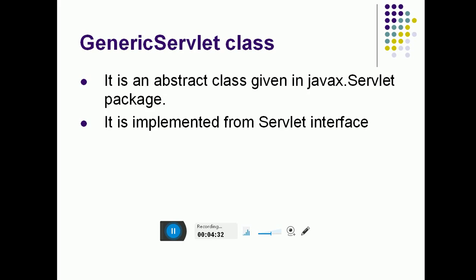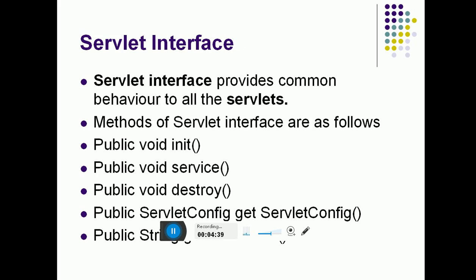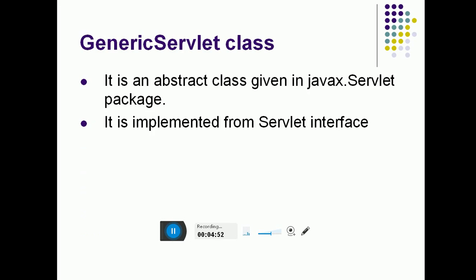You can select any of these 5 methods and run your servlet program. Basically you need the service method, because service is the only method used for receiving your request and sending your response. That's about the GenericServlet class. It is an abstract class.